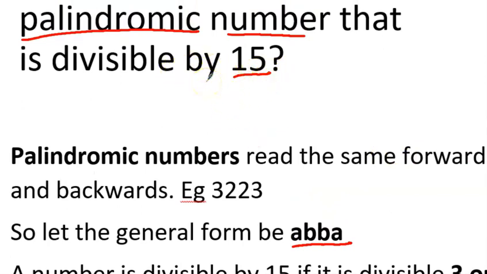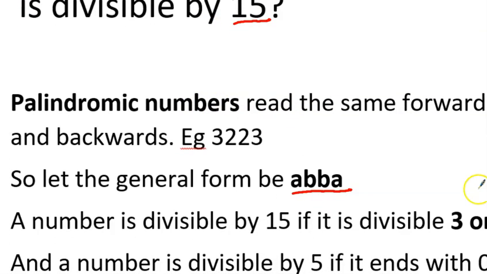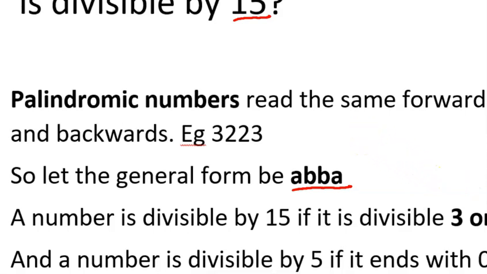So let's start with when a number is divisible by 15. For this problem, to be able to understand it well, you need to go back to your divisibility rules. They are always there in any book. So the general form of a palindromic number will be A, B, B, A. That is, the first and last digit will be the same, then the two middle numbers will also be the same.